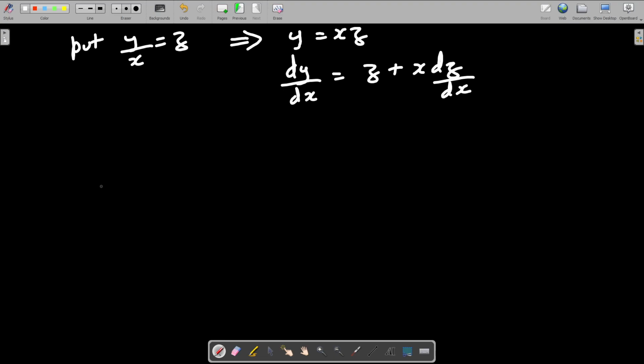What is the given differential equation for us? We have to convert it into a form.